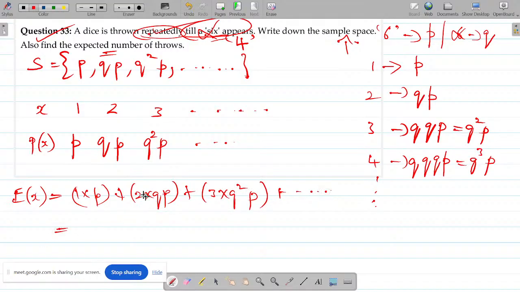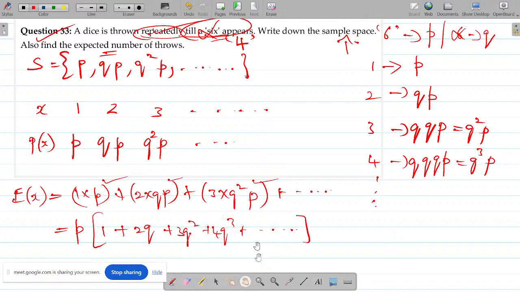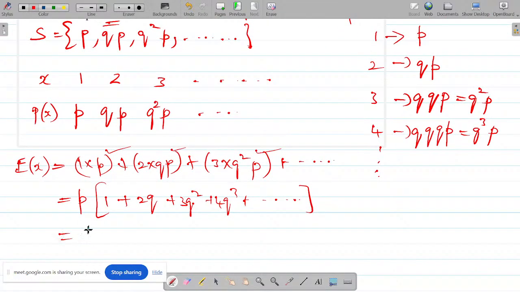Here you find that P is common throughout. We take P common, then this will be 1 plus 2Q plus 3Q square plus 4Q cube, and this will go on. So at the end, you will get this as P into (1 minus Q) the whole power minus 2. You need not worry about this one because it's an infinite binomial expansion.